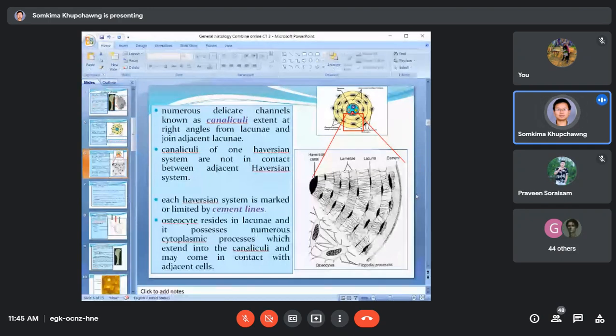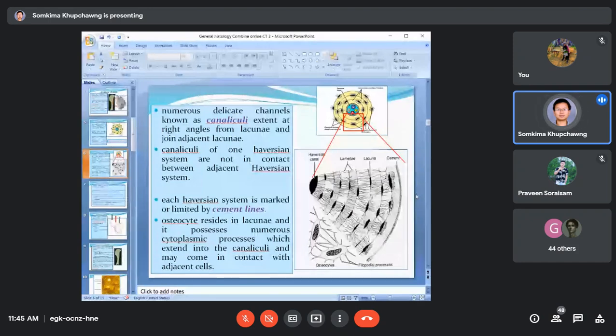Only the canaliculi of one Haversian system will be in contact with each other, not with the other Haversian system.